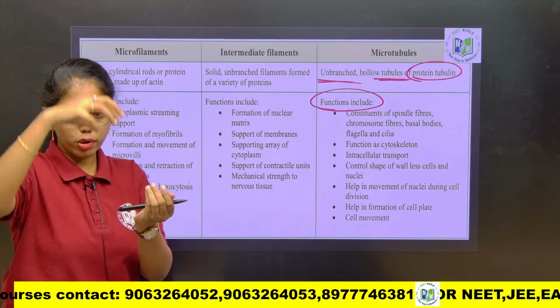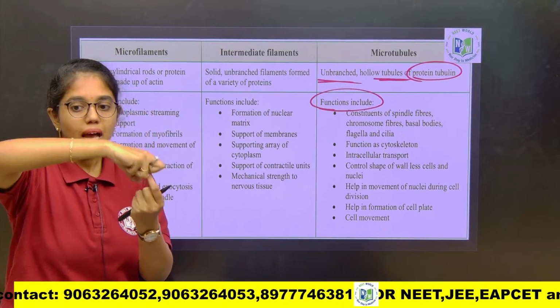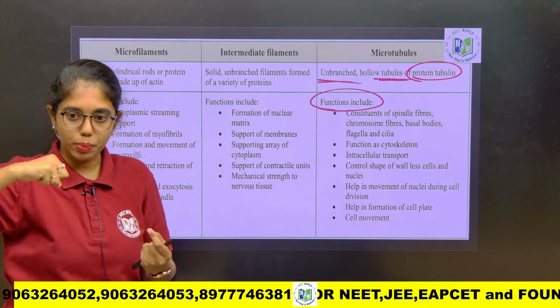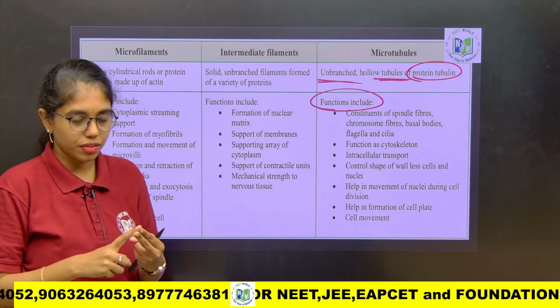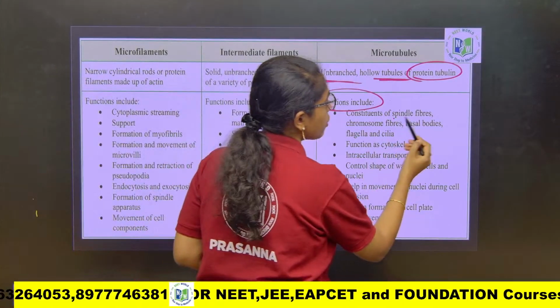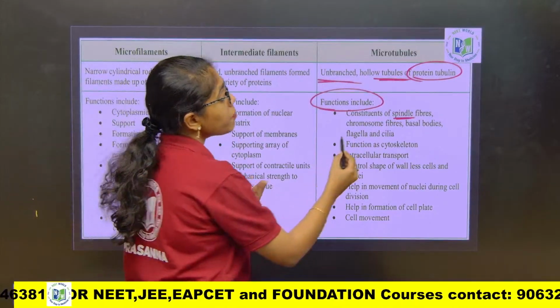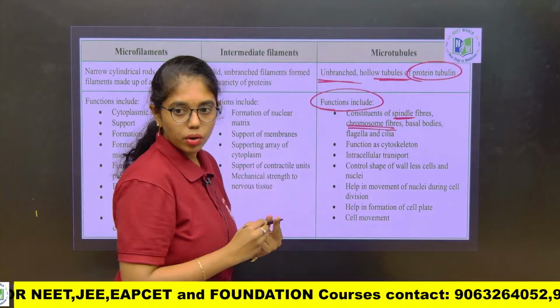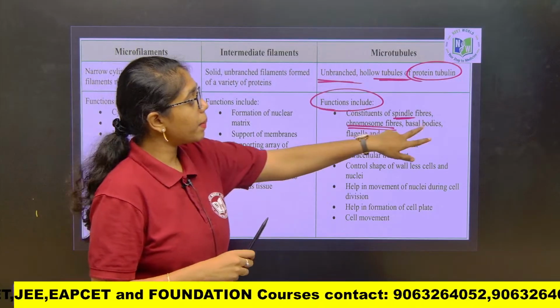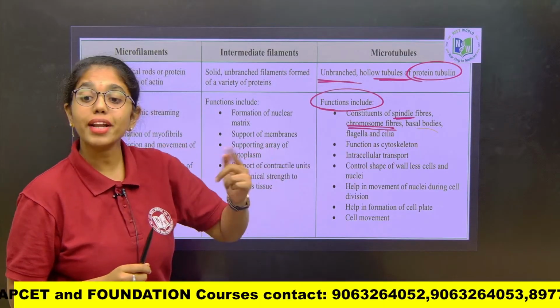When it comes to the functions, microtubules are primarily involved in spindle fiber formation. Spindle fibers attach to the kinetochores and help in centromere splitting during metaphase and anaphase. Second is chromosome fibers, and basal bodies. You can see basal body in the flagella.